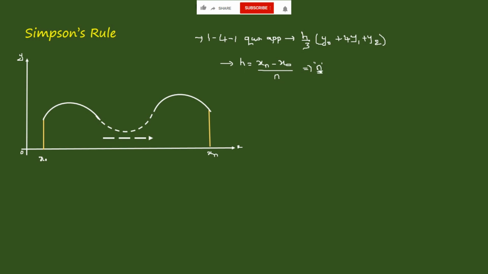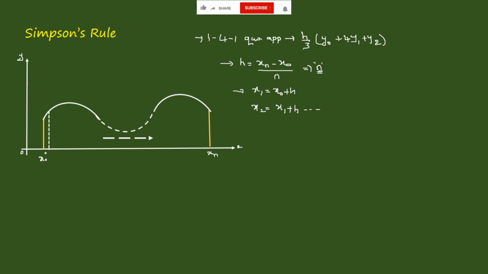Then x1 is equal to x0 plus h, x2 is equal to x1 plus h, and so on. So just start dividing the graph.